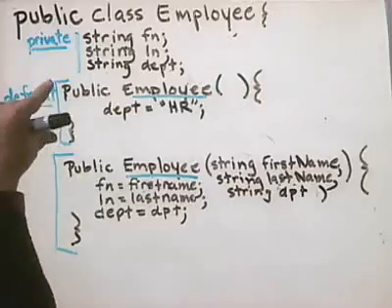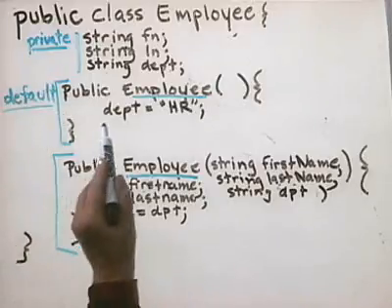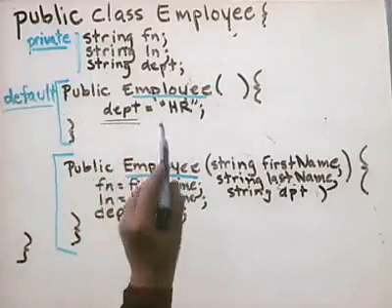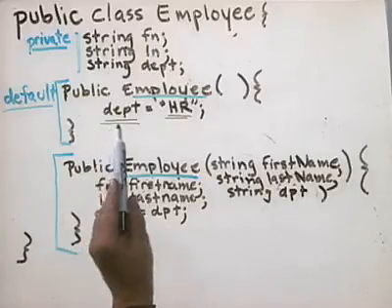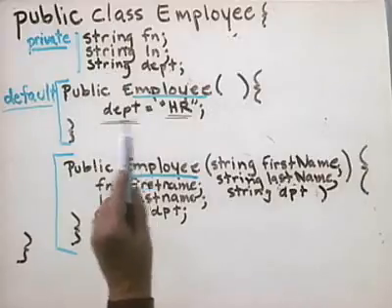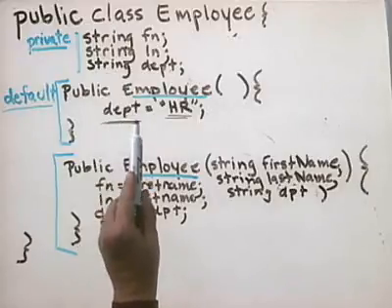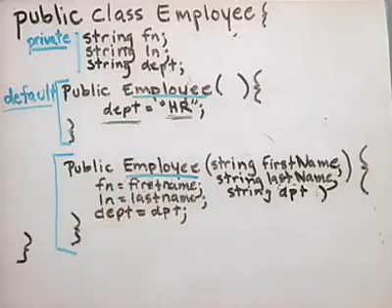Notice in this first example, all I'm really doing is initializing department, and I'm giving it a default value for every employee object that's instantiated. Every employee object is going to start out life with the department variable equaling HR.